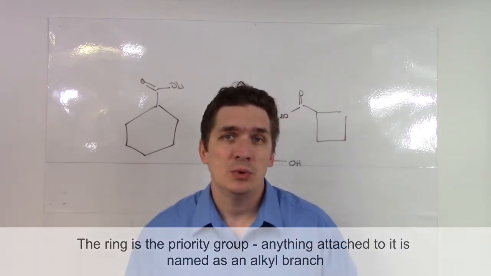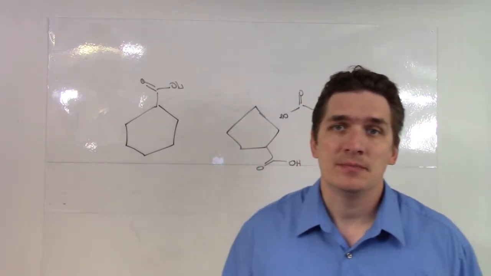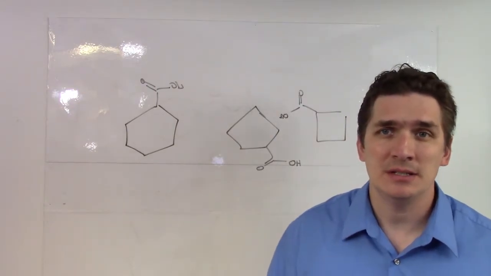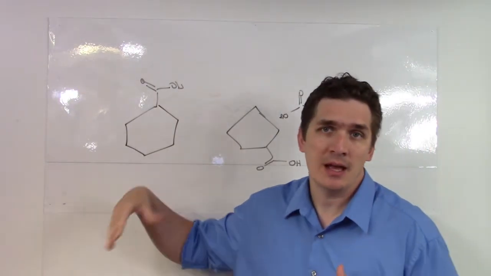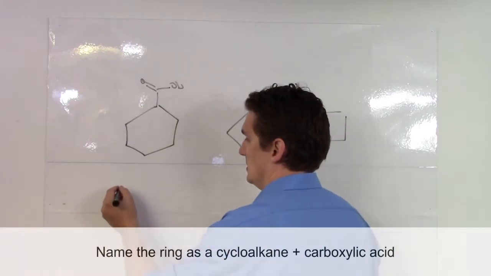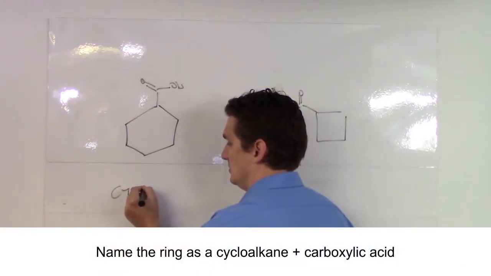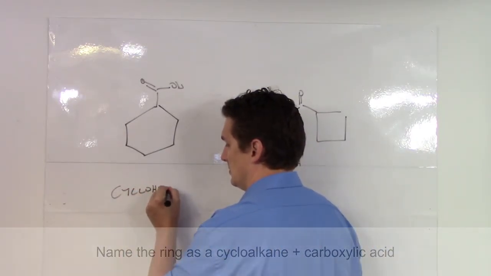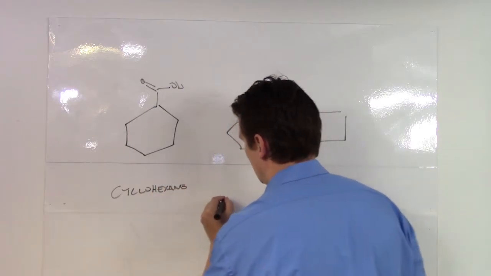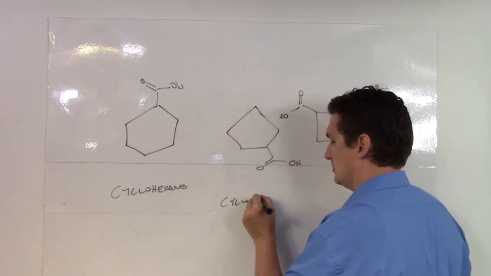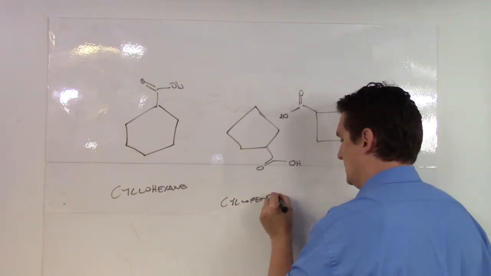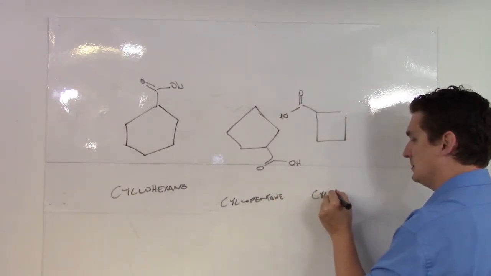How do we name a ring that contains a carboxylic acid? Well, it's actually surprisingly easy. We're just going to name the ring as an alkane. So cyclohexane, cyclopentane, and cyclobutane.